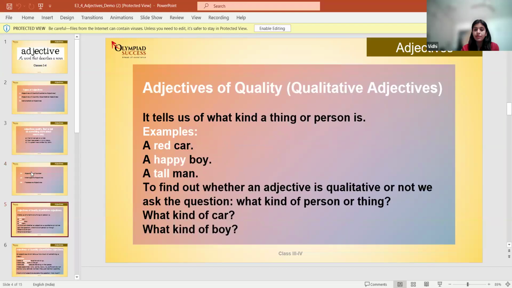Next. Please read this. You should know, when you have to explain a particular adjective, you should be able to define it.